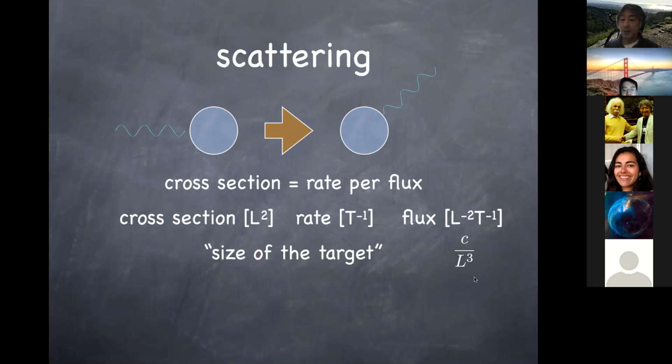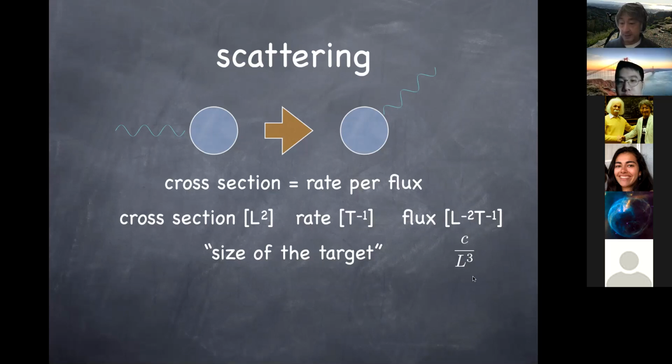So that's why the flux of the photon in the box normalization with this periodic boundary condition is given by c over L cubed. Indeed it has the right dimension, L inverse squared and T inverse, because of the factor of speed of light over here.